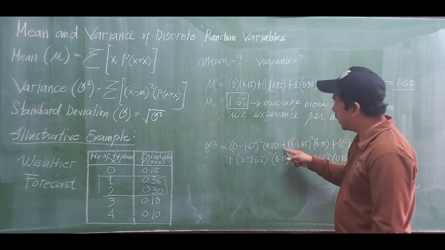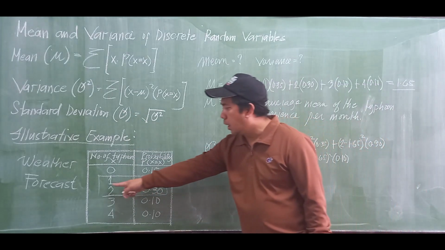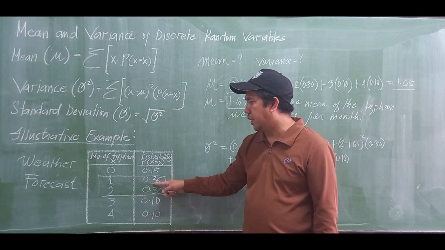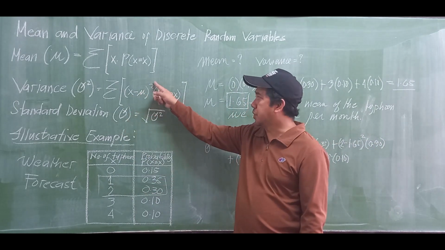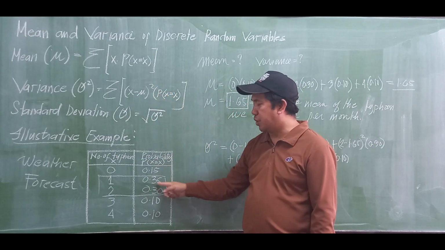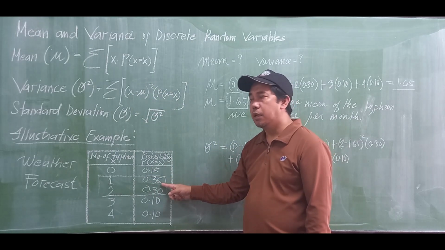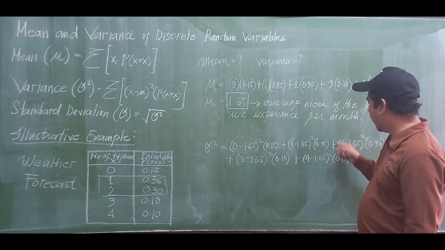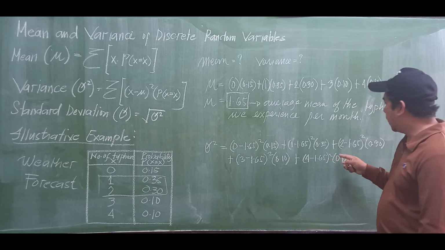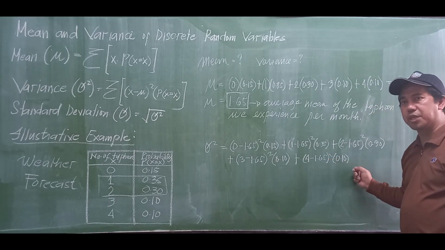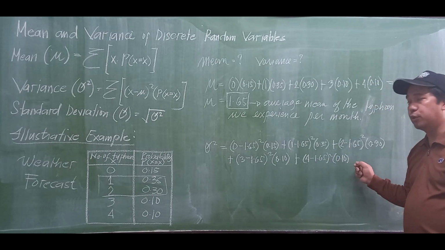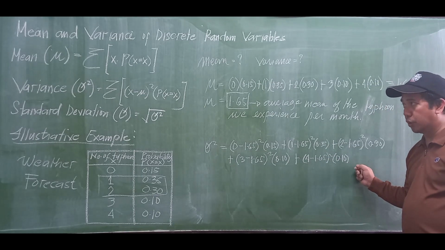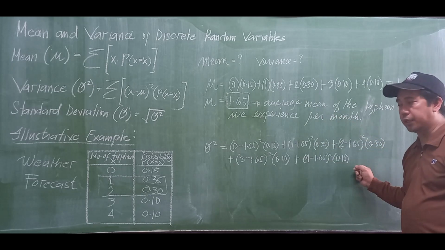So plus the next process, 1 minus the mean raised to the second power multiplied by its corresponding probability. And again, that is to be added. So, same process. That is how you're going to compute for the variance using the working equation.